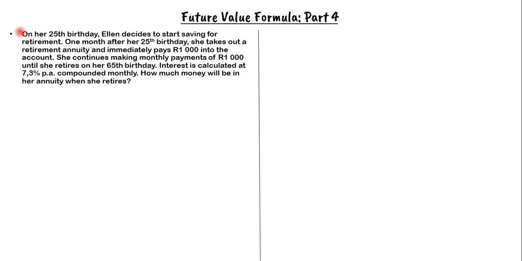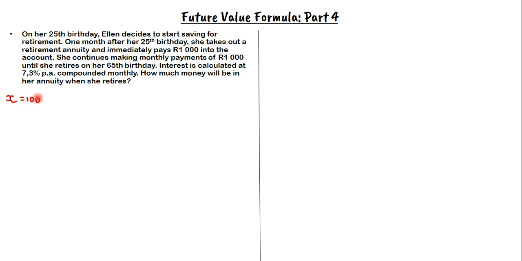All right, so here we're dealing with the future value formula. I think we're going to start off by first writing the information that we're given. We see that Ellen is putting in money per month, so X is 1,000 rand.